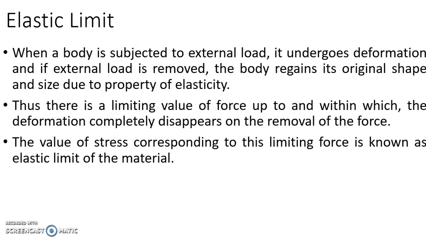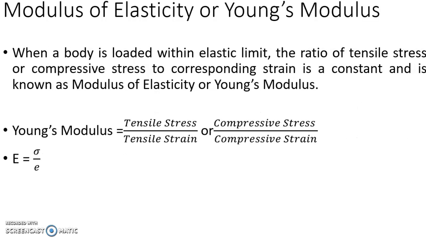So please be clear about what elasticity is and what the elastic limit is. Elasticity is the property, and the elastic limit is the limiting force up to which the body can regain its original shape and size. This is the basic difference. Now, what is modulus of elasticity or Young's modulus?